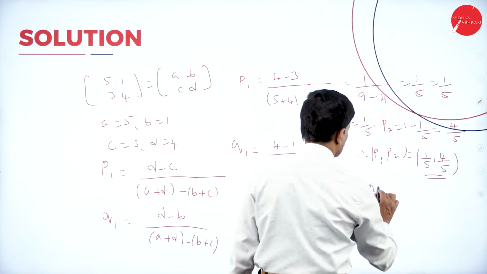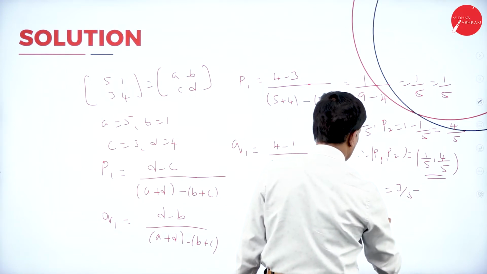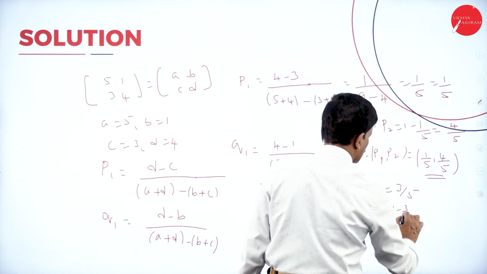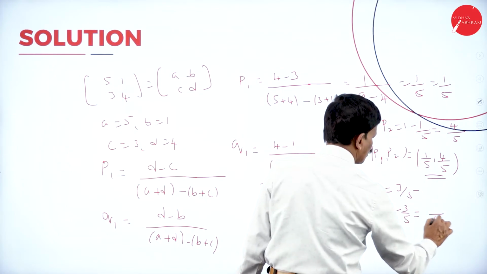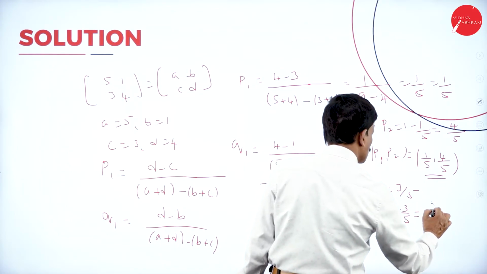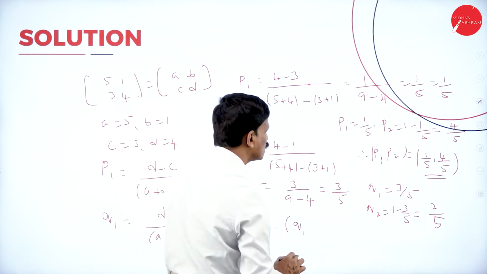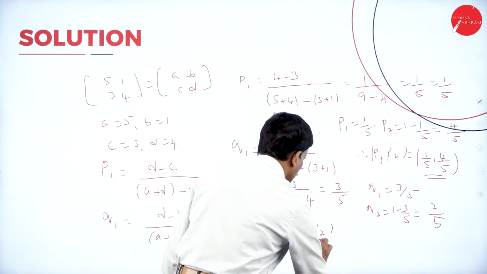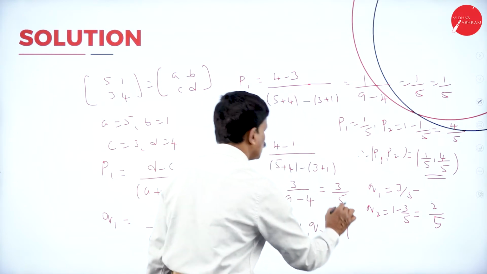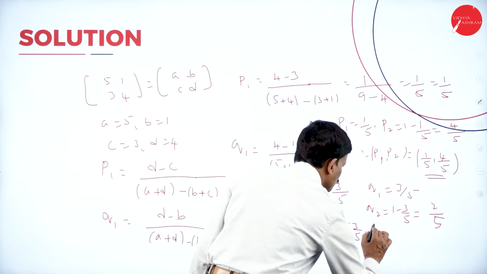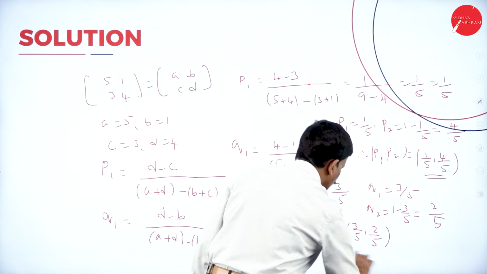So Q1 is equal to 3 by 5 and Q2 is equal to 1 minus 3 by 5. Take LCM, 5; 5 minus 3 is 2 by 5. So therefore Q1, Q2: Q1 is equal to 3 by 5 and Q2 is equal to 2 by 5.